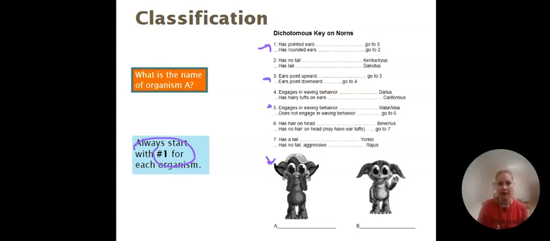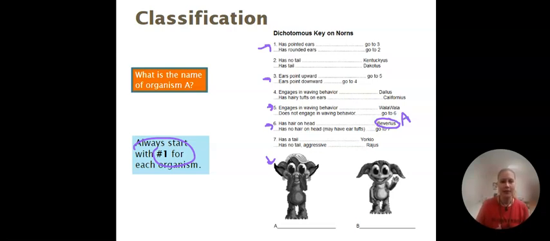So I'm going to go to 5. Engages in waving behavior or does not engage in waving behavior. It's not waving at me, so I'm going to go to 6. Has hair on head or has no hair. I definitely think that's hair on its head. So this would be the name of organism A. So I'm just going to put an A right there.